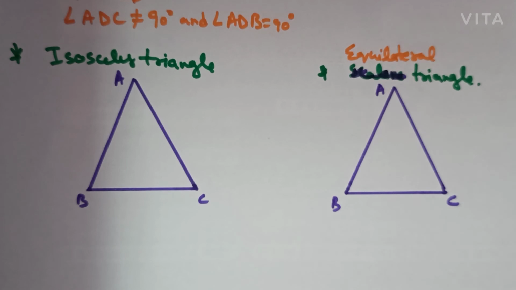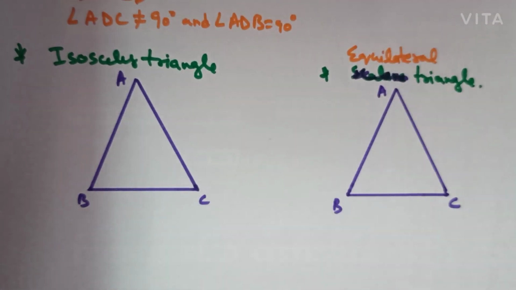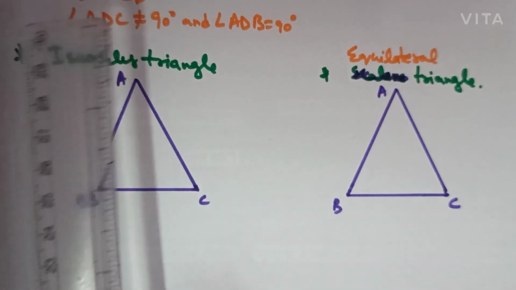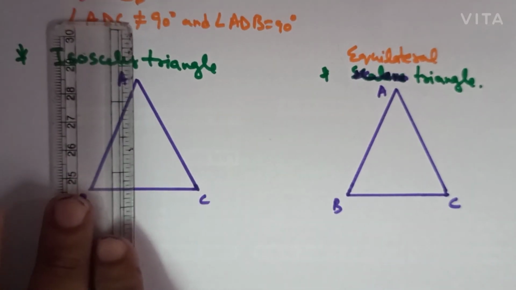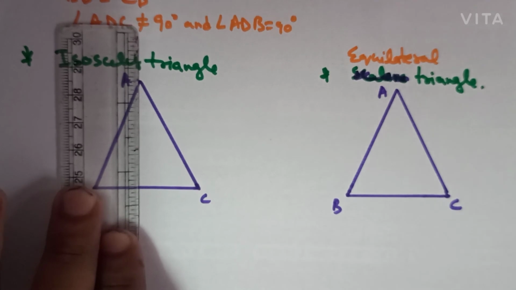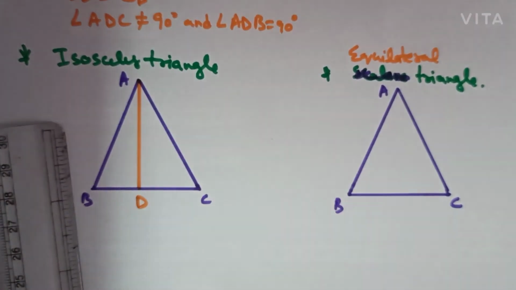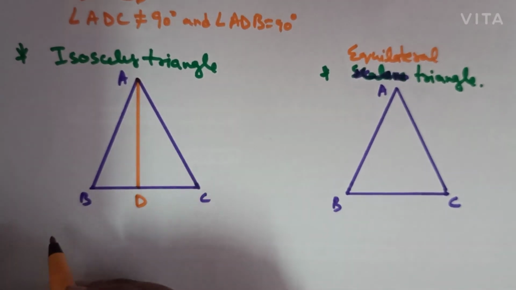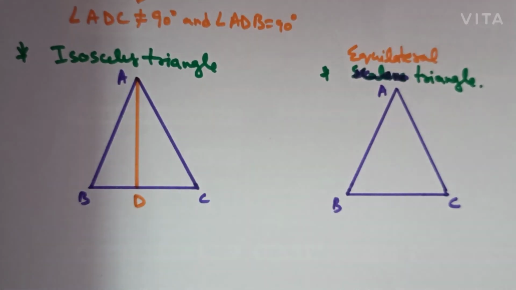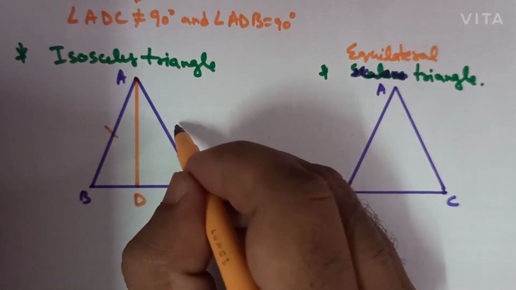So here, if we are talking about an isosceles triangle, then in case of all isosceles triangles, if we draw the altitude AD, suppose this is the altitude, first of all, what is an isosceles triangle?